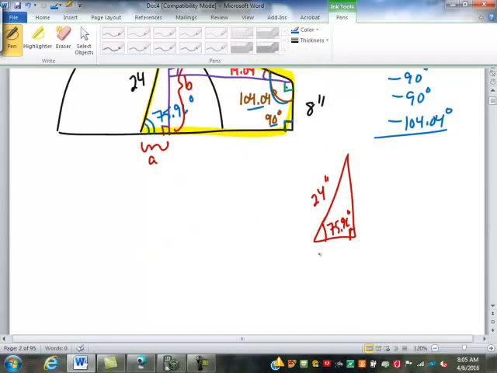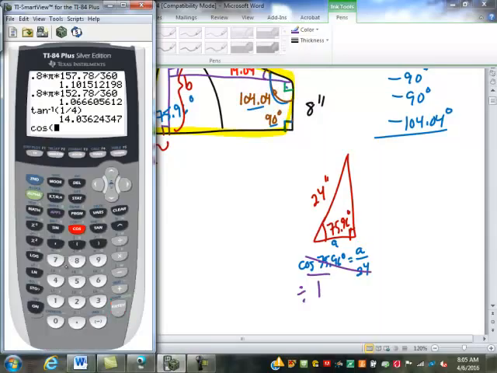So this side down here would be off of a cosine of 75.96 degrees equals A over the 24. So I put this over 1, we're going to cross multiply and divide. So cosine 75.96 times 24. A must be 5.822.